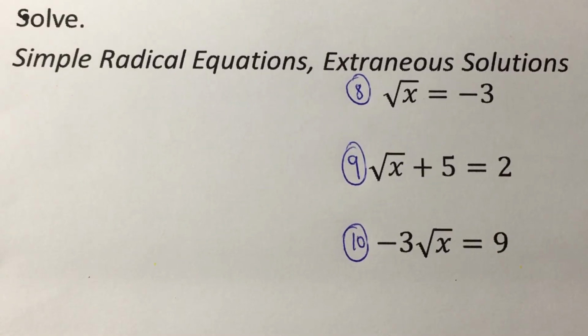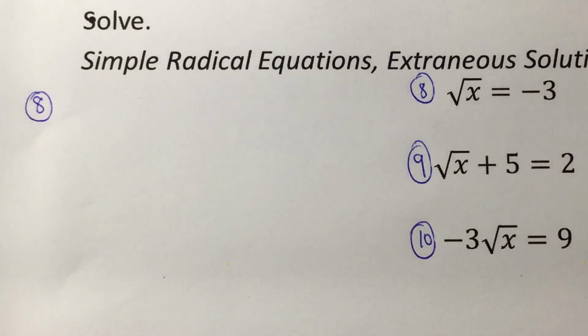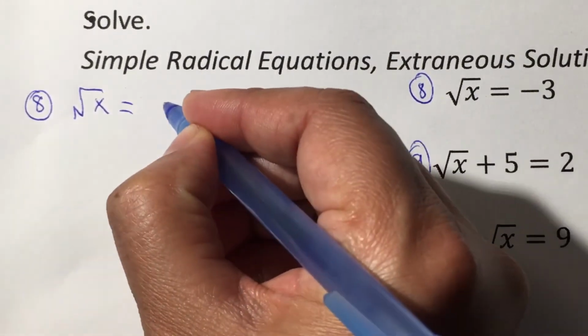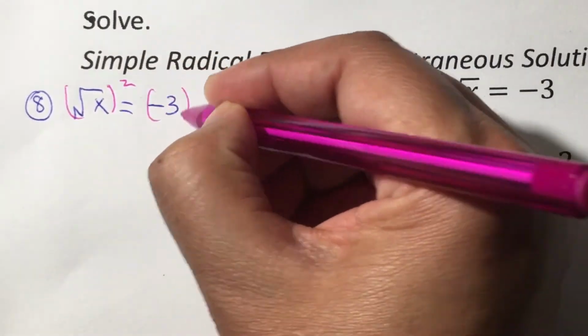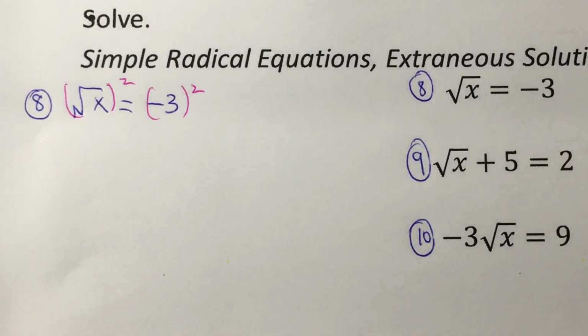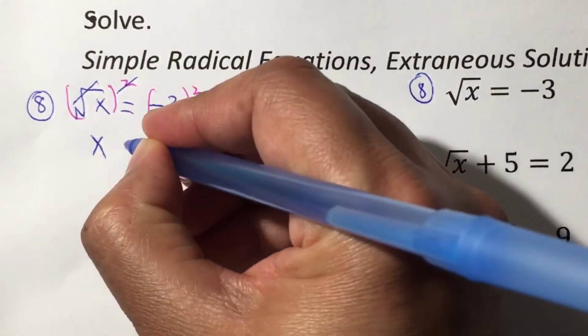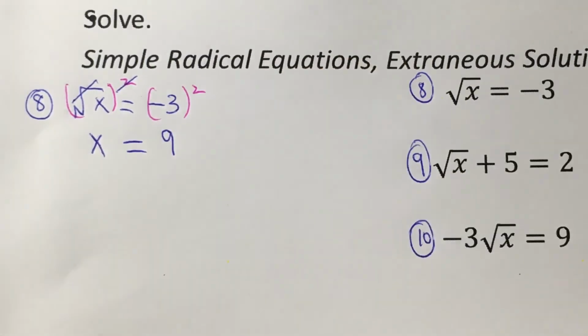Continue with some more. So number 8, we have square root of x equals negative 3. I raise both to the second power or square it. Same thing. And that cancels, and so x is equal to negative 3 times negative 3 is positive 9.